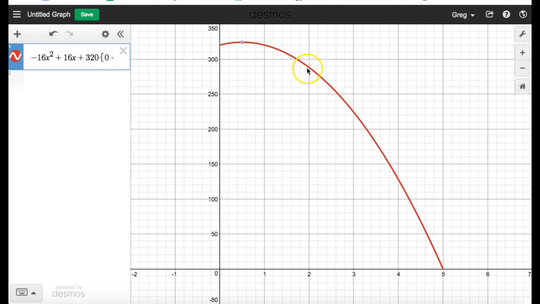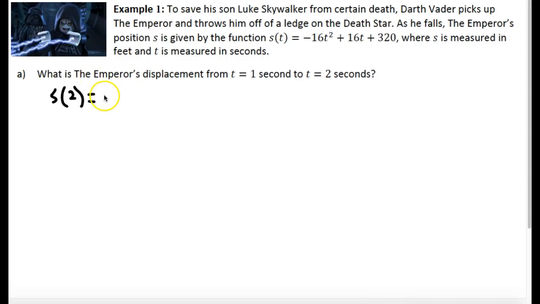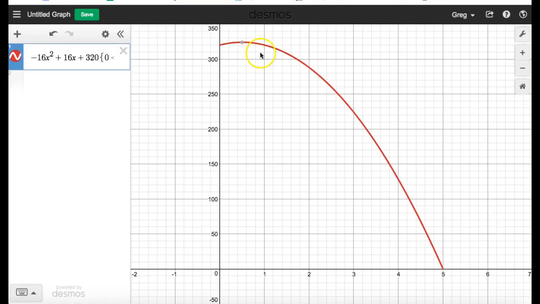So at 2, our function value is 288. All right. So s of 2 is 288.